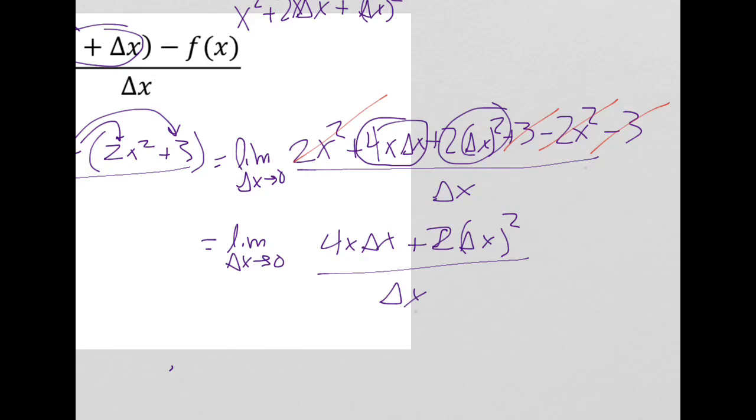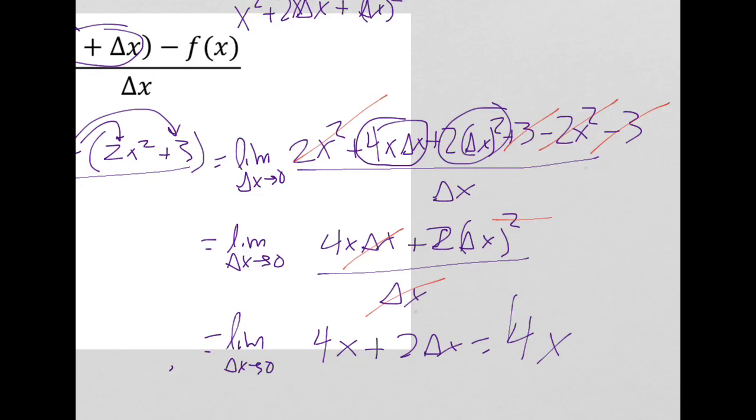So again, I can eliminate my denominator by crossing off a delta x in each term, and now I can rewrite this as the limit as delta x approaches 0 of 4x plus 2 delta x. Directly substitute in 0 for delta x to get the limit to equal 4x.